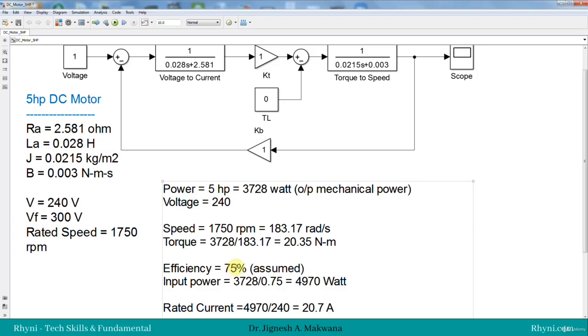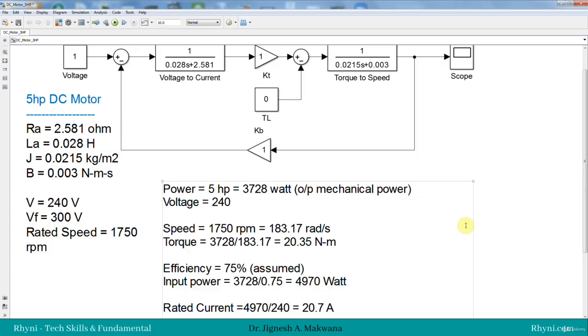So assuming 75% efficiency, let's find the input power, which is equal to 3728 divided by 0.75, so equal to 4970 watt. Efficiency is output divided by input, so input is equal to output divided by efficiency.